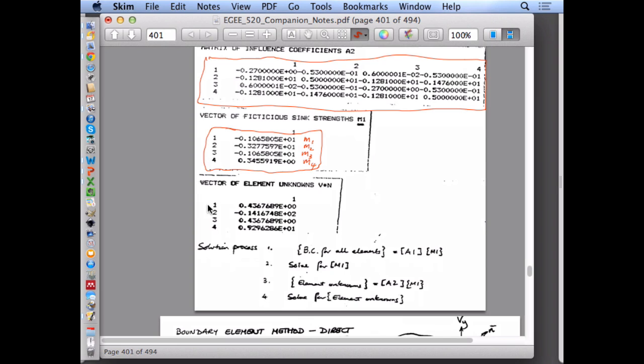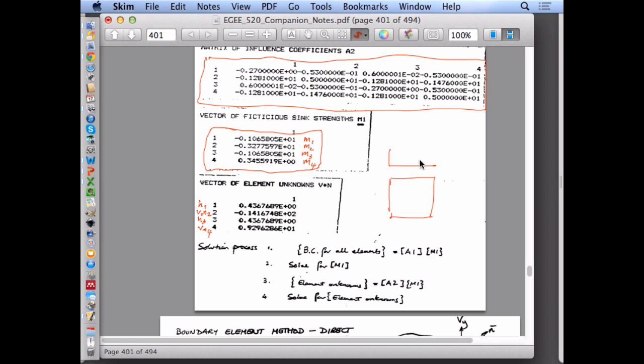But, so this is what? This is the head at node 1. This is the velocity normal to the boundary at node 2. This is the head at node 3. And this is the velocity normal to the boundary at 4. And so, do those make sense? This is our geometry.